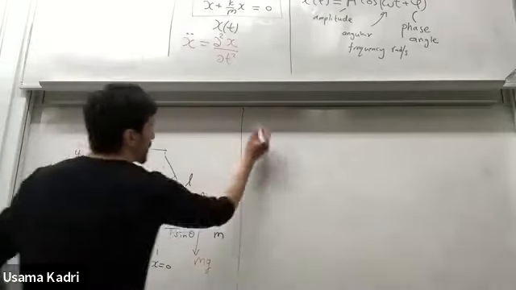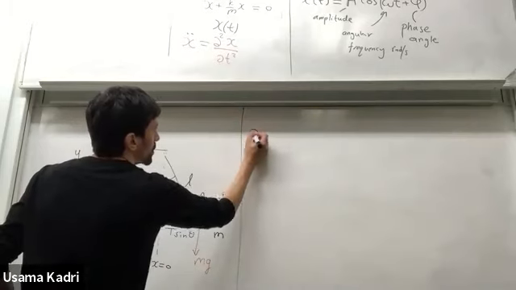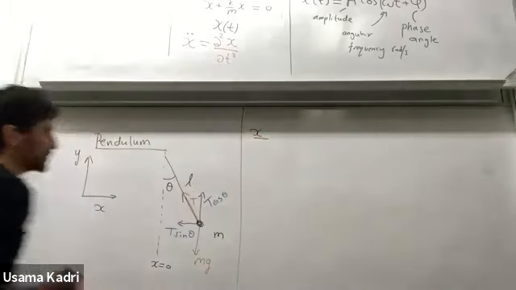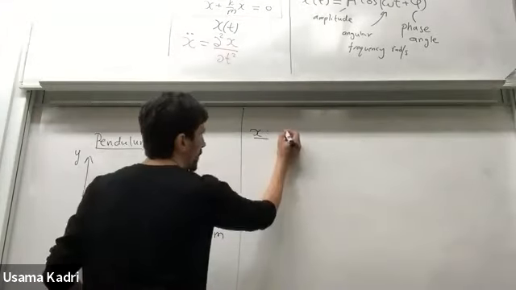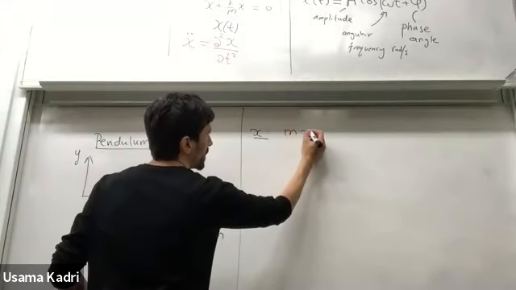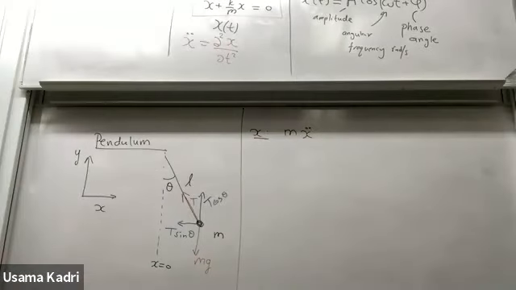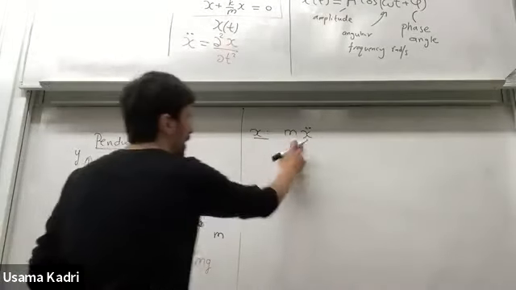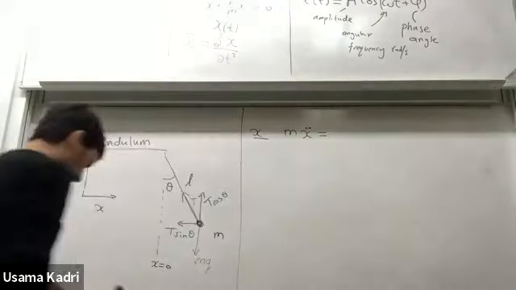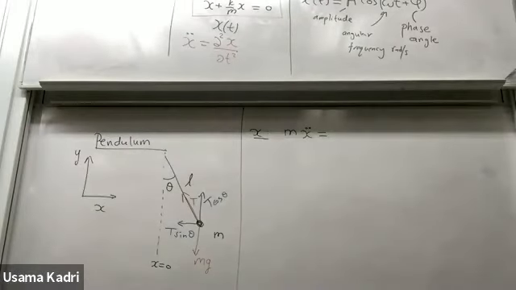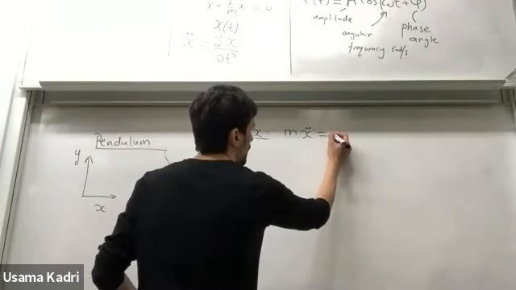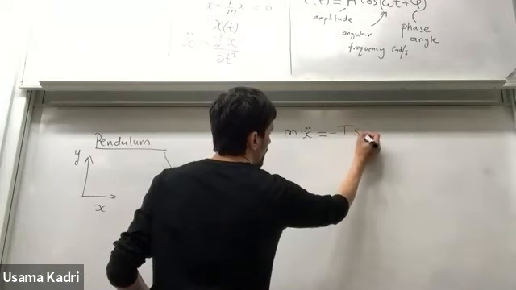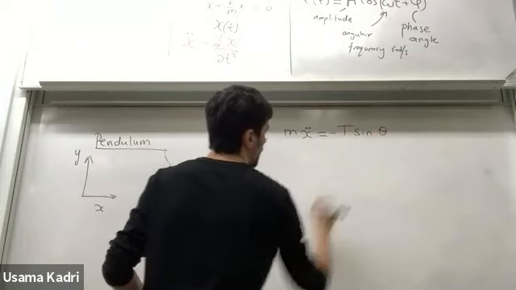Let's start with the x direction. So in the x direction, F equals ma, and I'm already going to write m x double dot, so the second derivative in time, and that should be equal to, let's see, we have minus T sine theta.